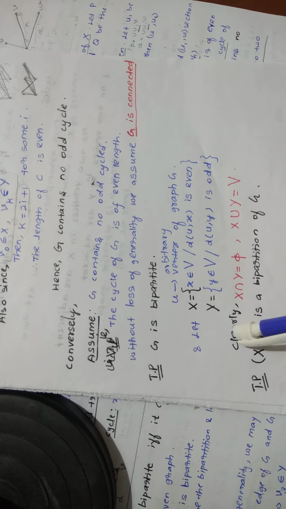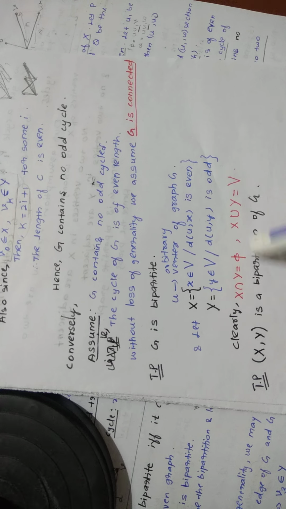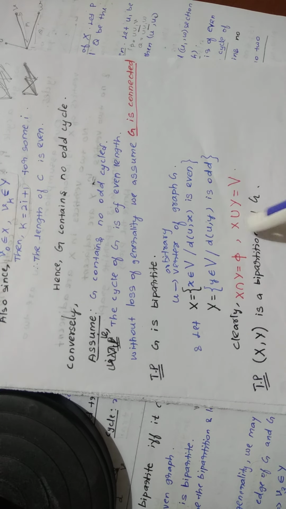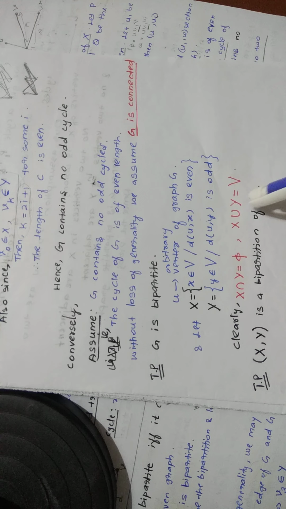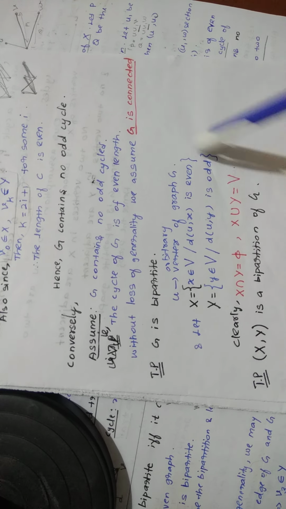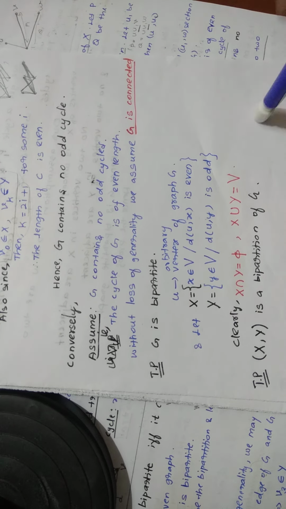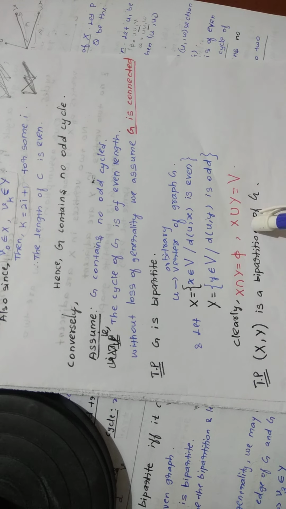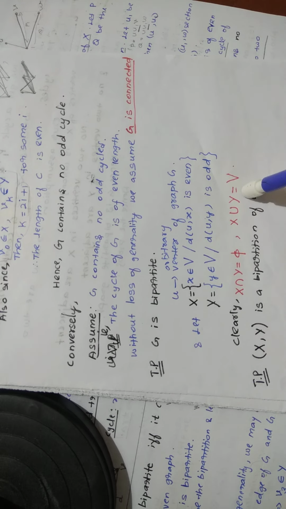And when you find X union Y, you will get the whole vertex set V. In the set X you have some collection of vertices, in the set Y you have another set of vertices, so the union of X and Y gives all the vertices. That is why X union Y is equal to capital V.